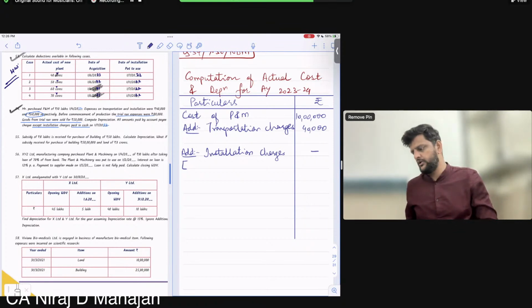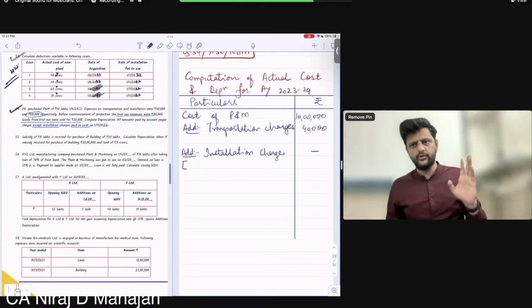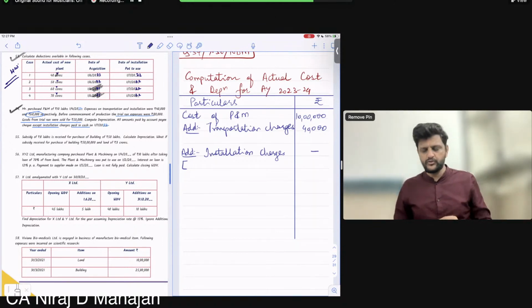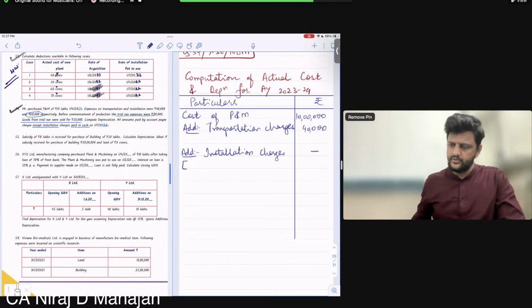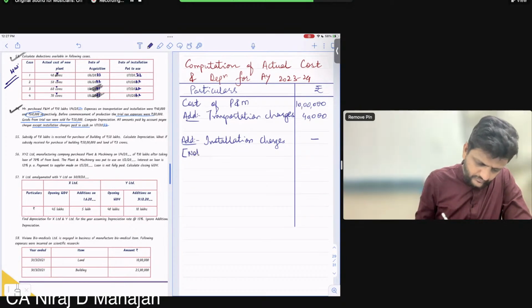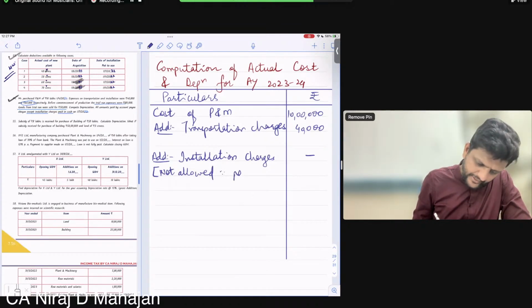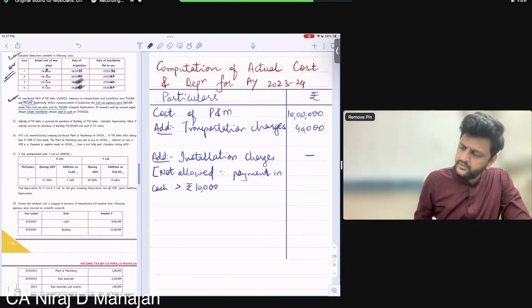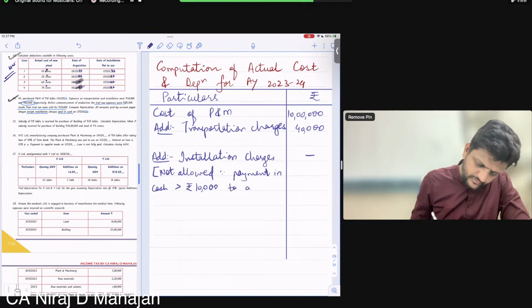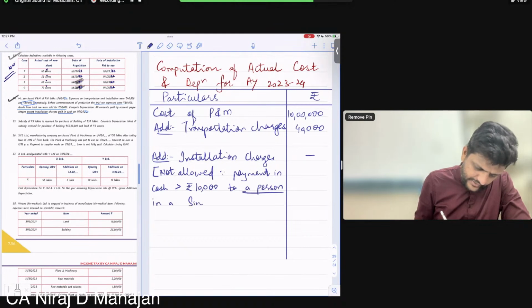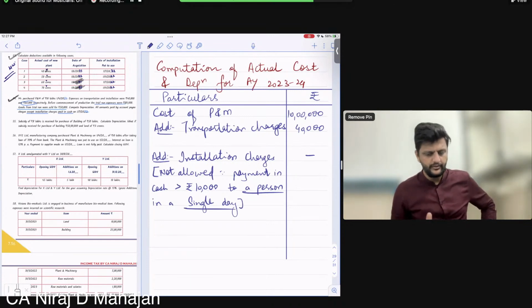Because it is paid in cash, or I'll use the word other than prescribed mode, more than 10,000 in a day to a single person. So not allowed since payment in cash exceeding rupees 10,000 to a person in a single day. Yes or no? So not allowed. Okay.